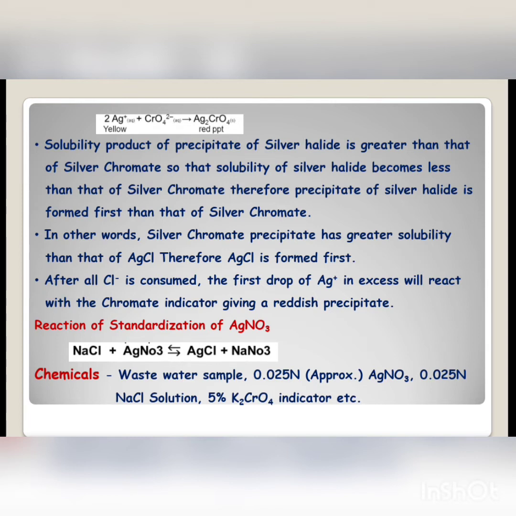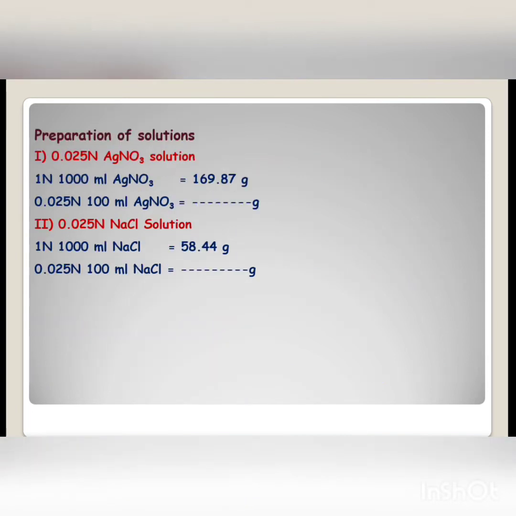In other words, here I had written the same: silver chromate precipitate has a greater solubility than that of silver chloride, and therefore silver chloride is formed first.